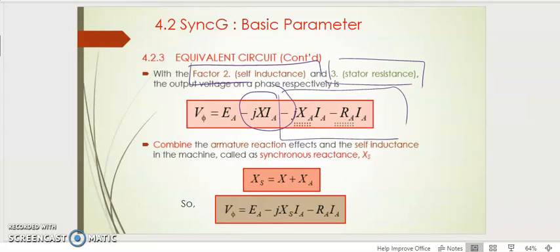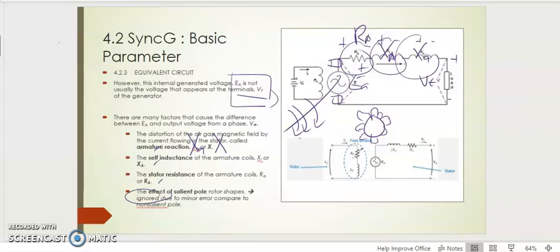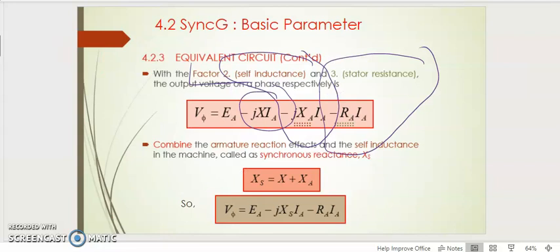So this is our self-inductance element, whereby this is our stator resistance component. Stator resistance and self-inductance, as we just discussed in this circuit.